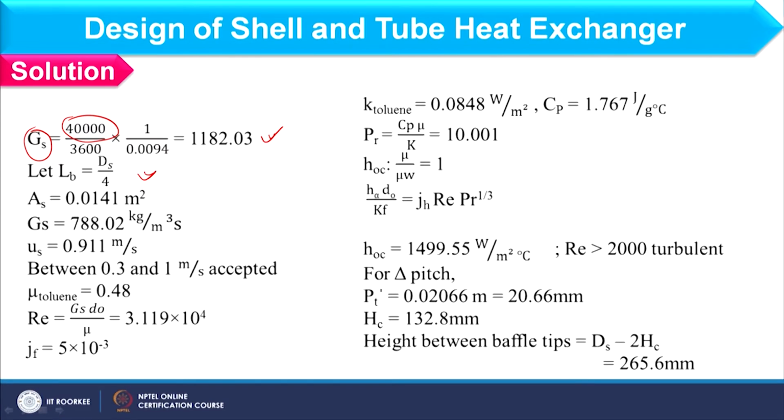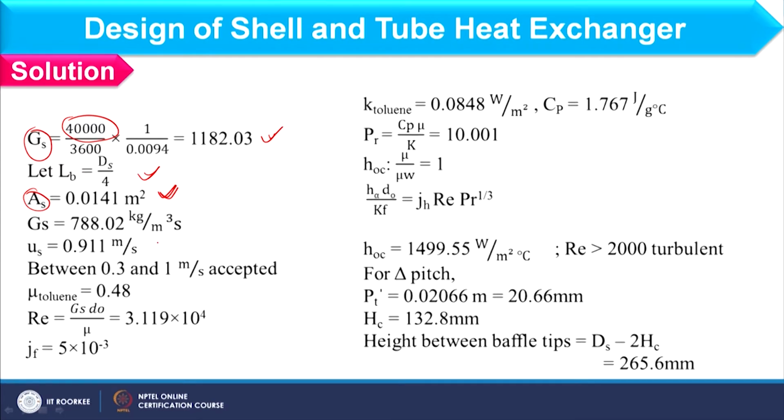Further we have to find out baffle spacing. Here I am considering Ds by 4. I can also find out cross flow area, that is AS, which is basically based on baffle spacing as well as shell dia. AS value you can obtain as we have discussed in previous examples in Bell's method and Kern's method.